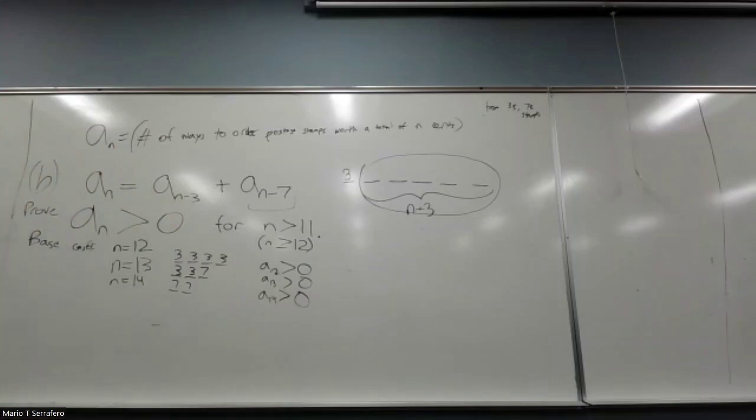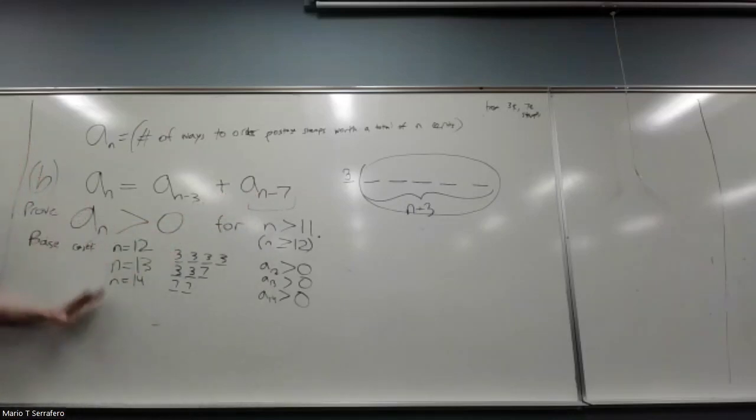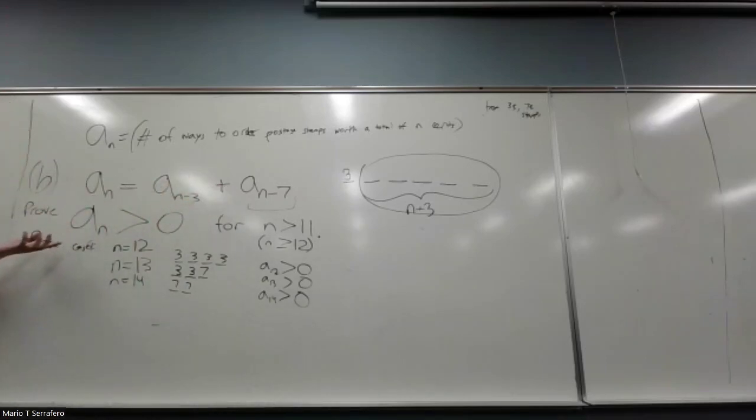Since we are referencing a sub n minus 7, you might think that we want to do an additional 7 base cases. But we only want to prove that every a sub n is greater than 0.